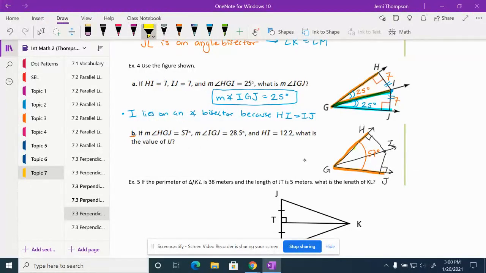IGJ is 28.5 degrees, and HI is 12.2. What is the value of IJ?